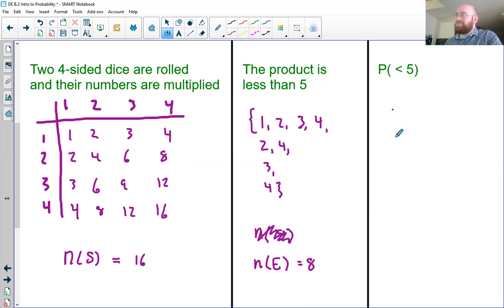Now, when we calculate the probability of getting a product less than 5, it's 8 over 16, or exactly 1 over 2, which we could also express as 50%. Which also means we have a 50% chance that we get a number greater than or equal to 5.